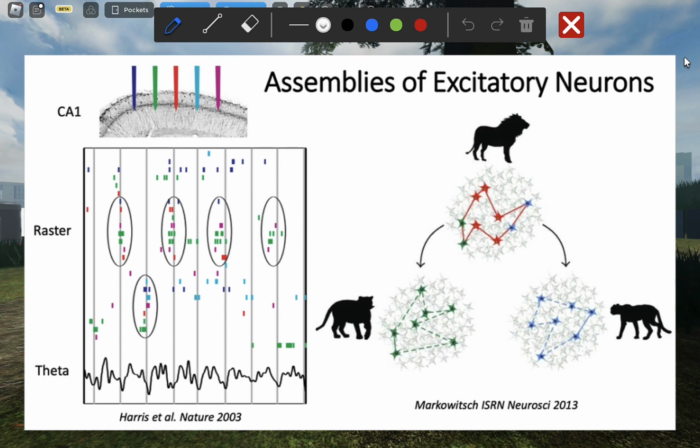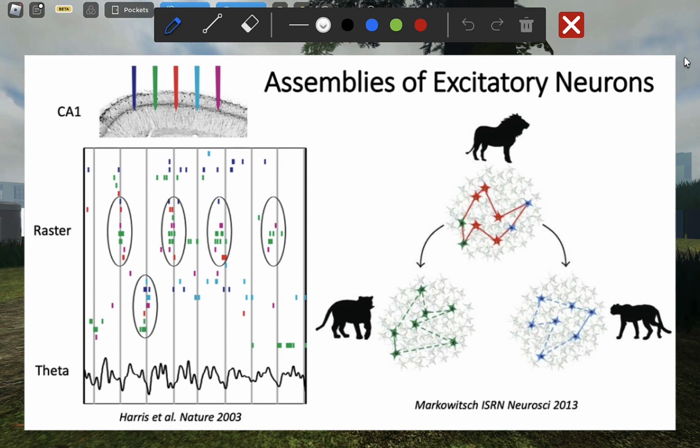It seems like there are so-called assemblies of excitatory neurons. Excitatory just means the neuron is sending a positive signal, saying, hey, look at me, I found something out, how about you take a look? I suppose negative signals do the same thing, but inverse. But excitatory assemblies, or groups of neurons, are quite well known, especially in hippocampus.